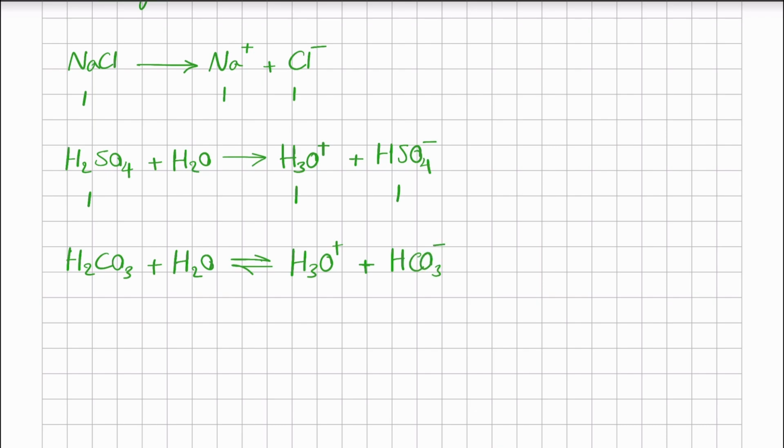In this one, it's slightly different. If we have 1 mole of carbonic acid in the beginning, the amount of hydronium ion that we will have would not be 1 mole. Actually, it will be less than 1 mole. And this is where the problem exists. Actually, it's not a problem.